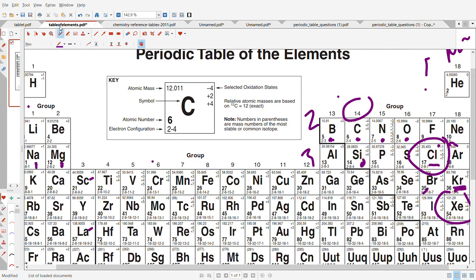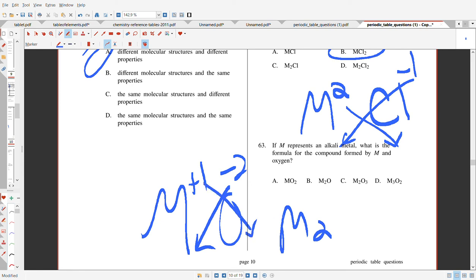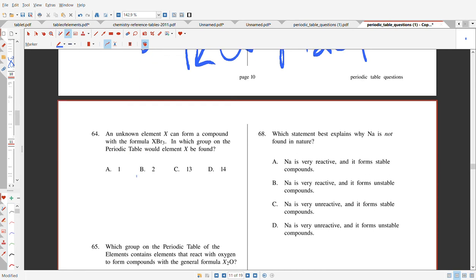So let's look. +1 for group 1, and then oxygen's a -2. You look up their charges, and then the 2 goes down there, and the 1 goes there. So it's M2O. Good? An unknown is with XBr3. Work backwards. The 3 went here, the 1 went here.